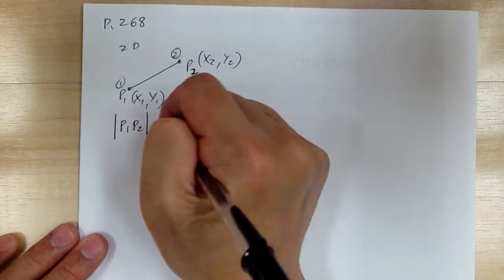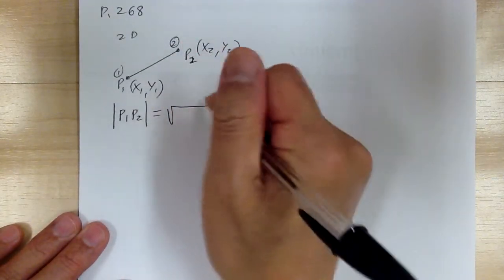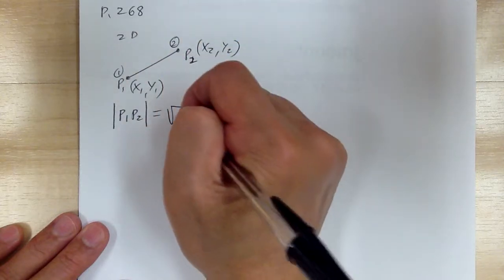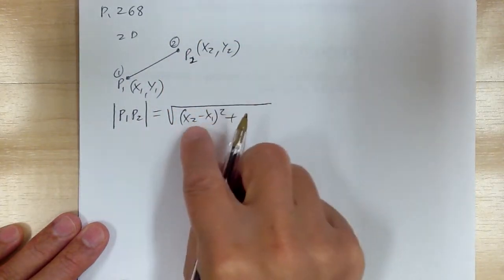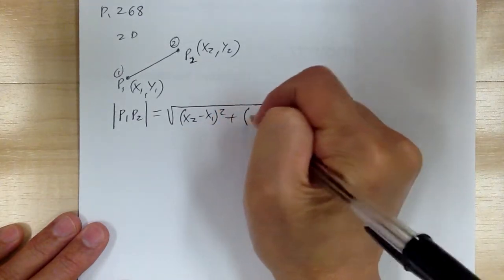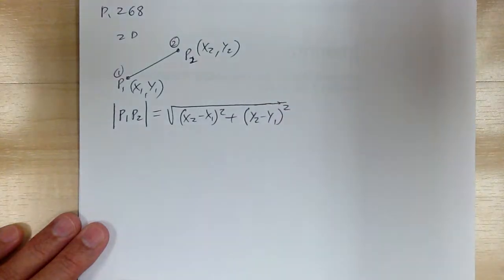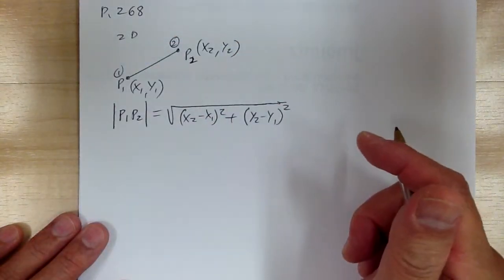So in two-dimensional, the equation for the distance between 2 points would be X2 minus X1 squared, right? That's your A squared, plus B squared, so Y2 minus Y1 squared, right? So again, this is the distance between the 2 points in two-dimensional.